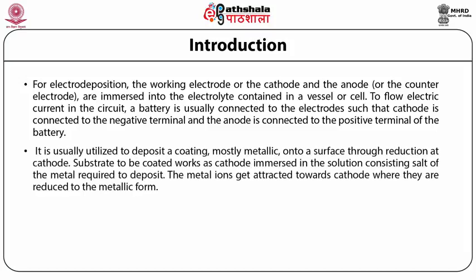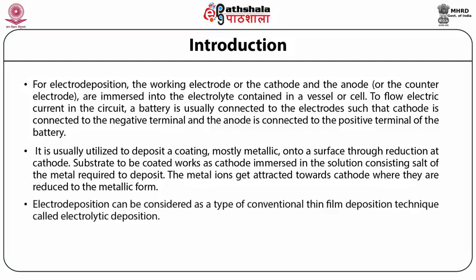It is usually utilized to deposit a coating, mostly metallic, onto a surface through reduction at the cathode. The substrate to be coated works as the cathode immersed in the solution containing the salt of the metal required to be deposited. The metal ions get attracted towards the cathode where they are reduced to the metallic form.